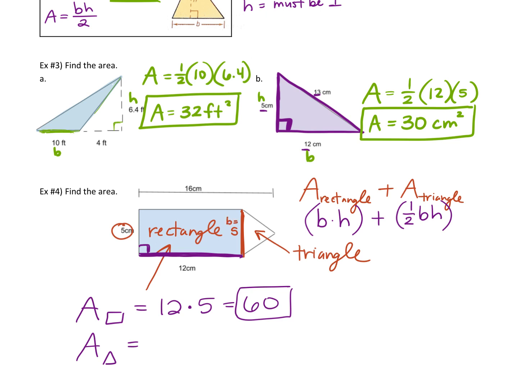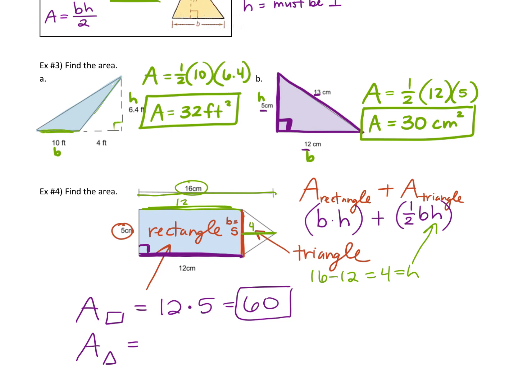And 4. Okay, how do you get the 4? You subtract 12 from 16. If this whole distance is 16 and this piece of it is 12, then this piece right here would be 4, right? You just go 16 minus 12. So 4 is the height of your triangle.